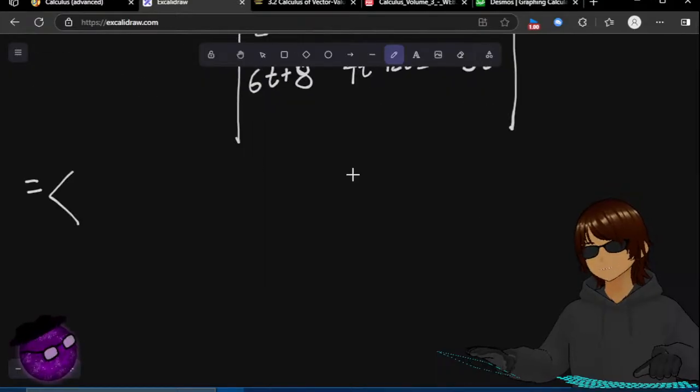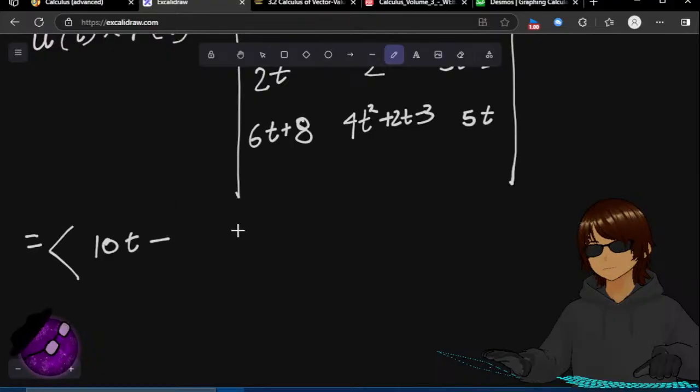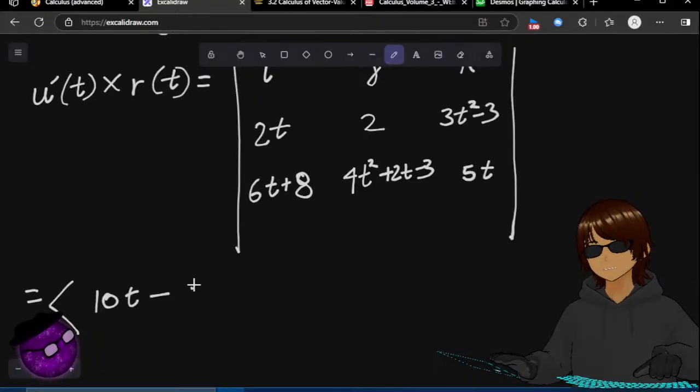So 2 times 5t, and then minus that with 3t square.